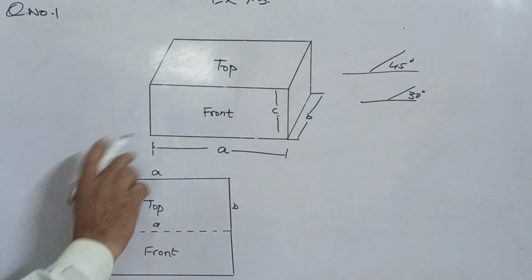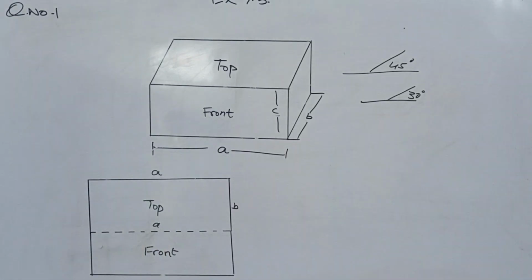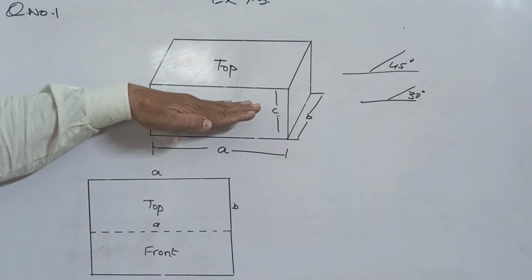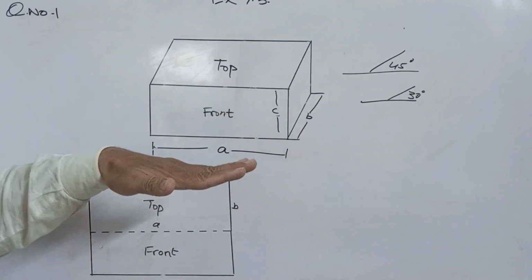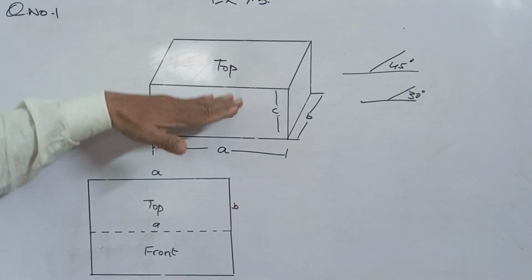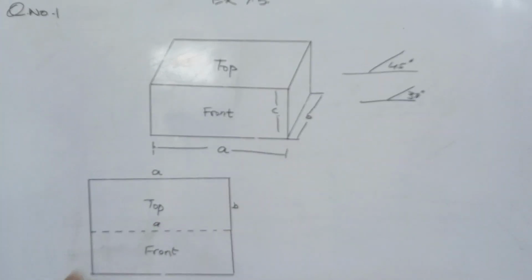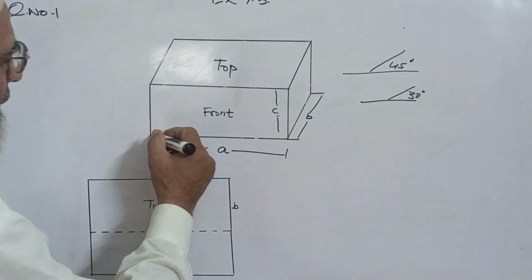Top has been done, front has been done. Now the base on which the figure is lying, the base which is not visible to us. But if I want to visualize it, what will I do?